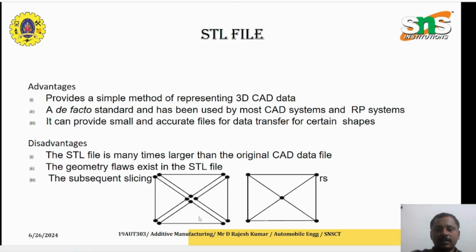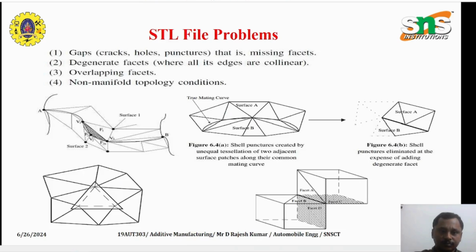The machine should print one, two, three, four triangles, but the machine prints simple rectangles like that. So this is the geometry flaw, that is the clearance is not given or printed by the machine. So subsequent slicing is the difficulty in this file format. So these are the advantages and disadvantages of the file format.